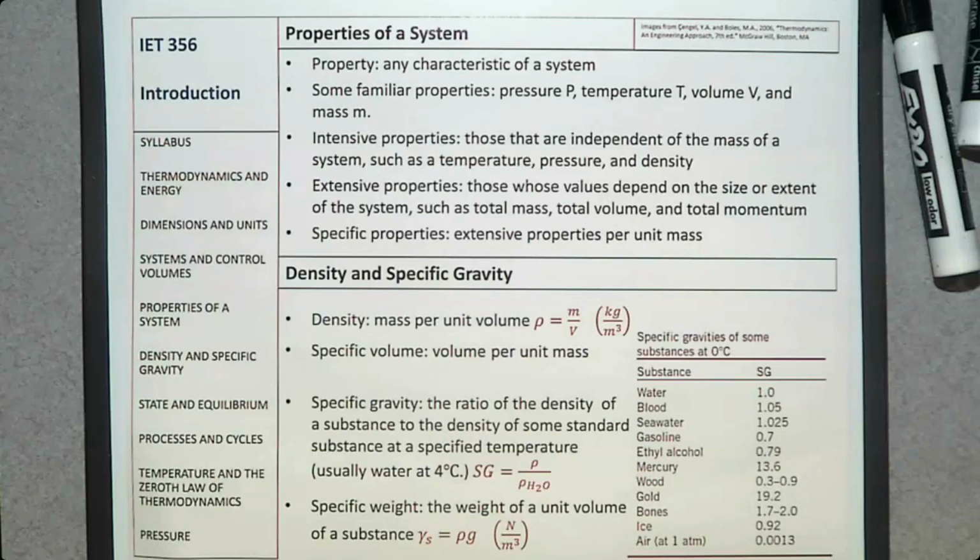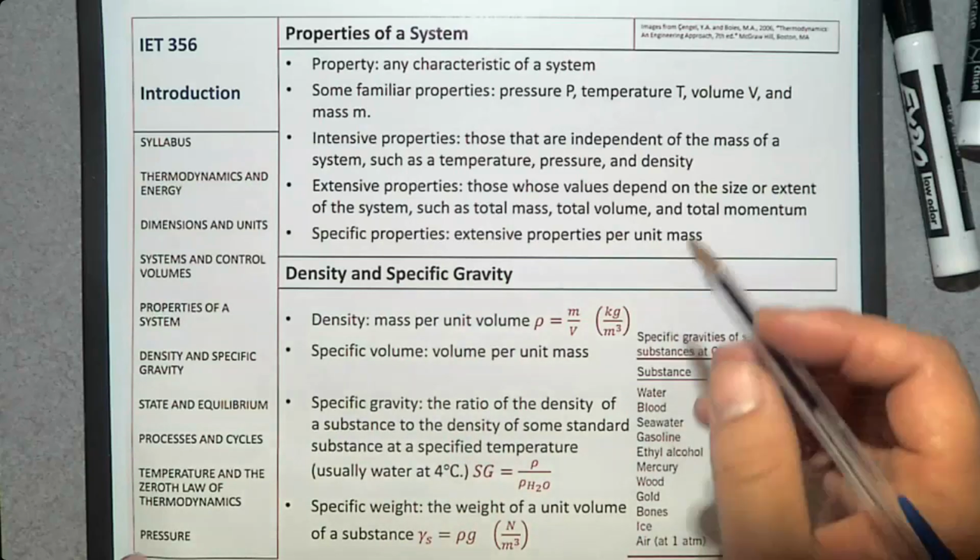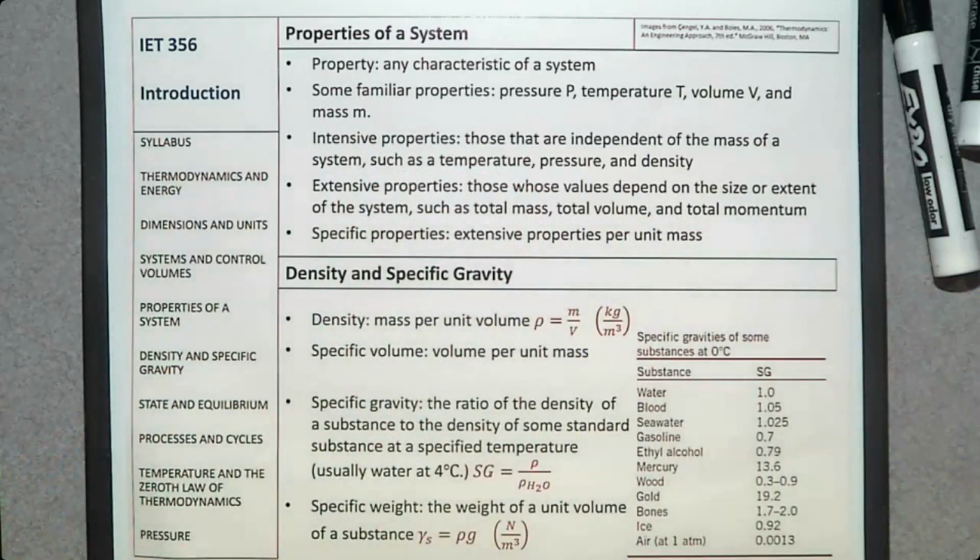And there are many, many properties, but there are 4 main properties in thermodynamics. They are pressure, temperature, volume, and mass. If you have a closed system, usually mass is constant. So if you don't consider mass, there are only 3 properties that play at the same time.